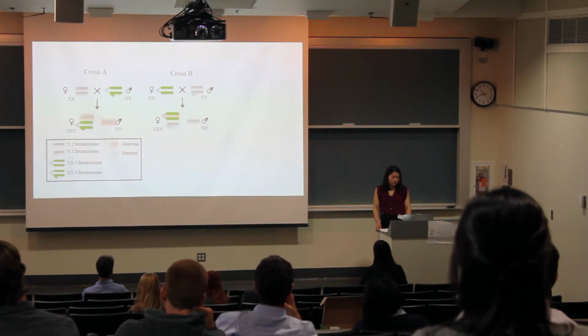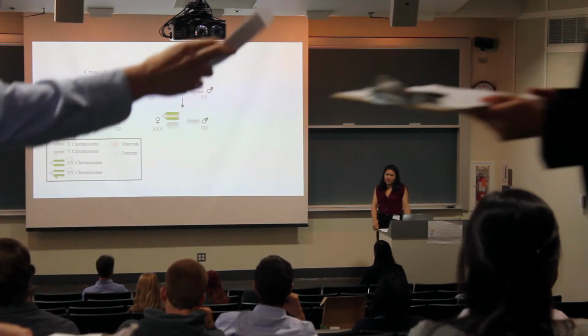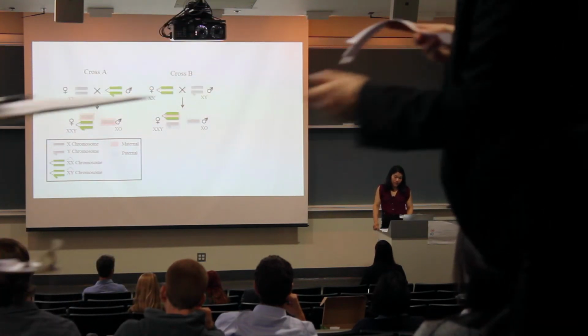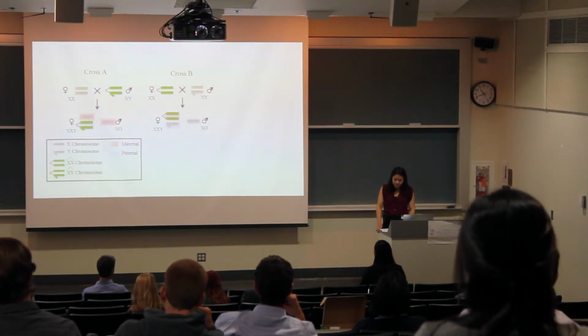Both these crosses result, as you can see, in females with the XXY sex chromosome composition and males with only an X, or X naught.